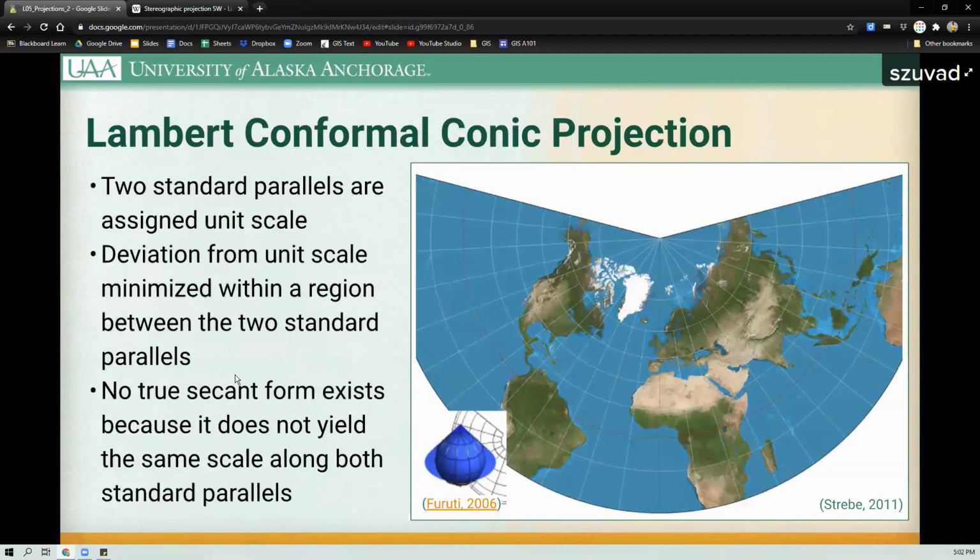This is the conformal, so it's preserving your bearing, but not necessarily your distance or your area. This one is a popular one for northern regions, the Lambert conformal.